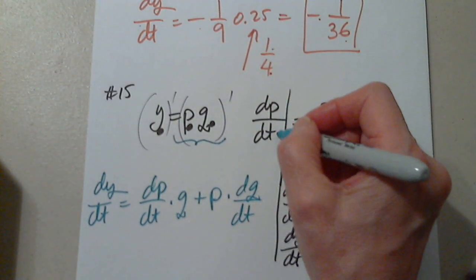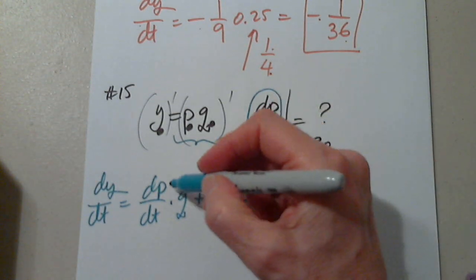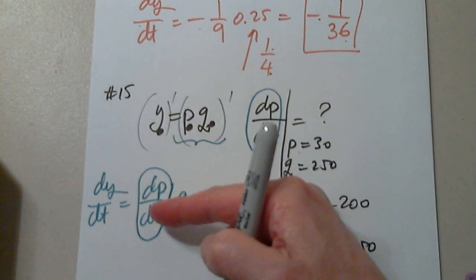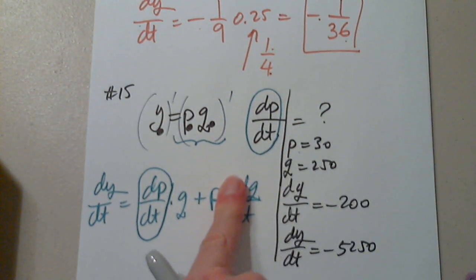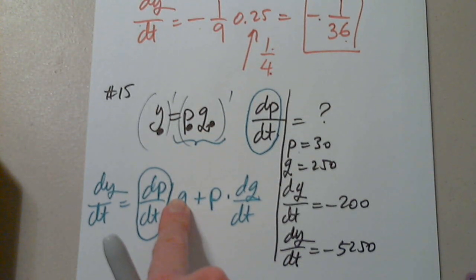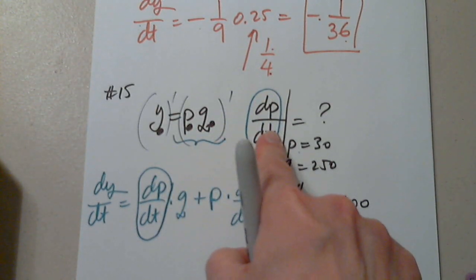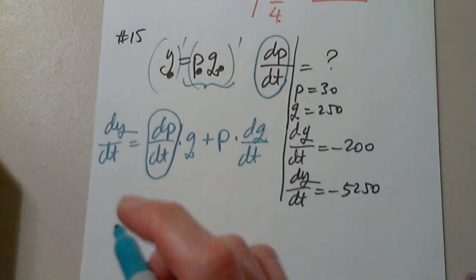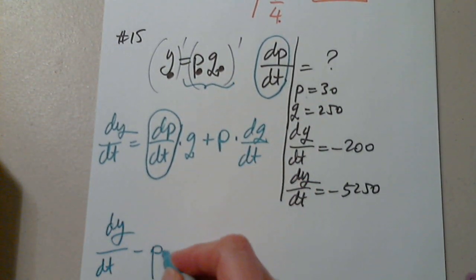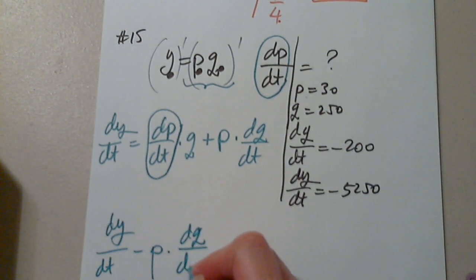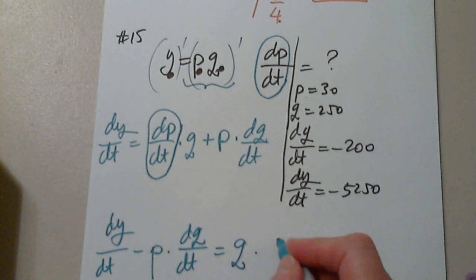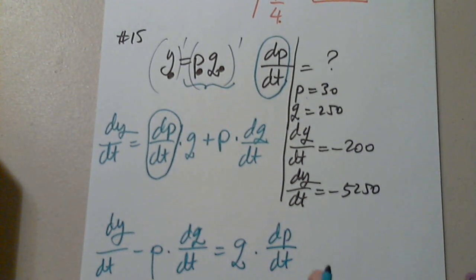Now, I'm asked to find this, which is this. I have to move this term, make it negative, go to the other side, and I have to divide by q to find dp over dt. So, dy over dt minus p dq over dt equals q, I put it in front, dp over dt.